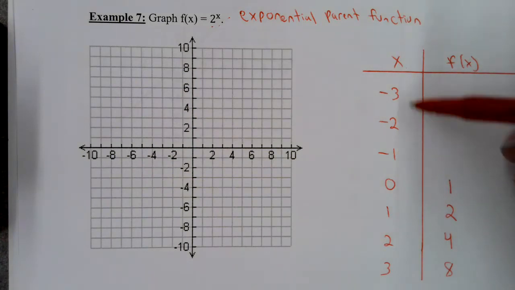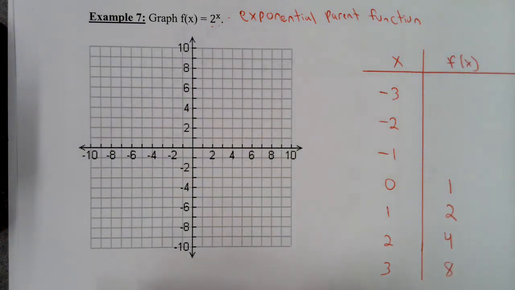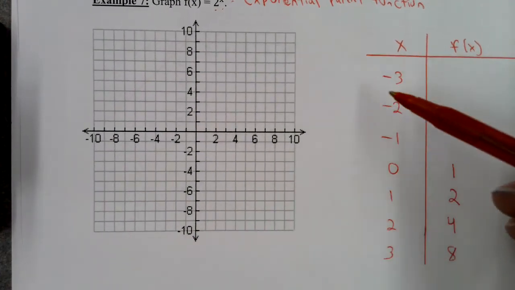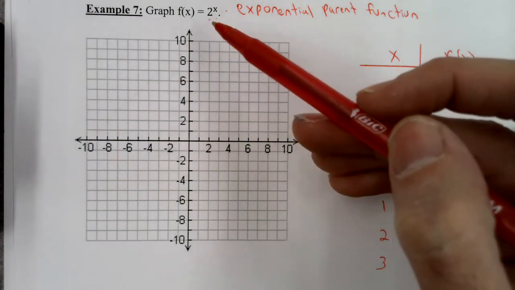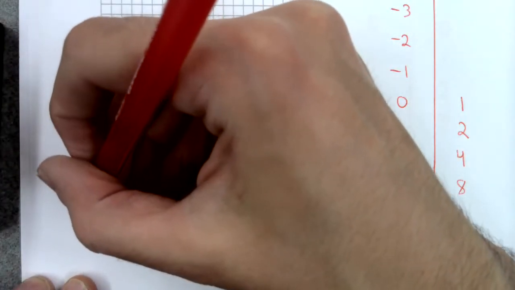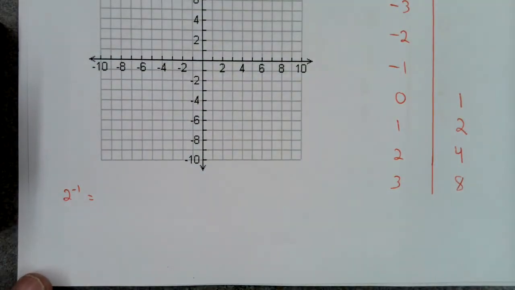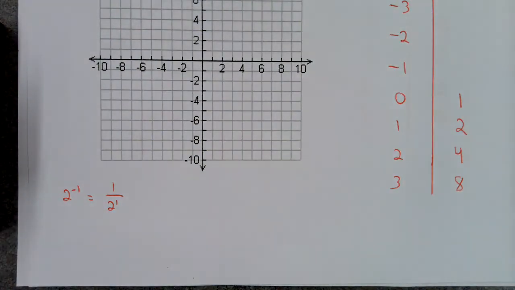Okay, now these might be a little tricky, so I'm going to do out the work down here. When x is -1, that means we have 2 to the -1 power. 2 to the -1 power equals 1 over 2 to the 1 power, which is 1/2.